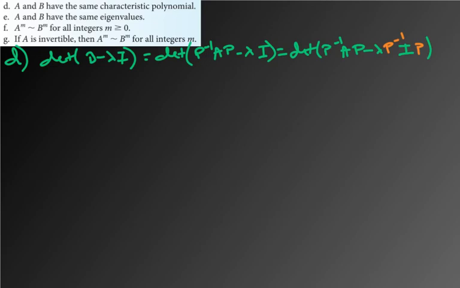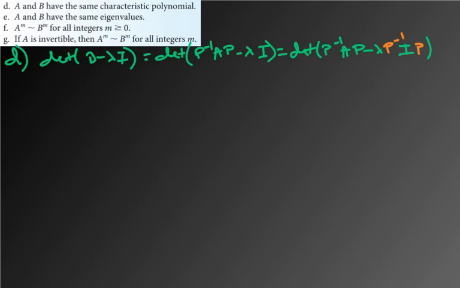I can just stick P inverse P in here, which you can think of as, you can actually commute with the identity. So I'm basically putting P inverse P right next to each other, which is the identity, and multiplying by 1. And then I'm splitting it up and commuting things, and that's okay to do.